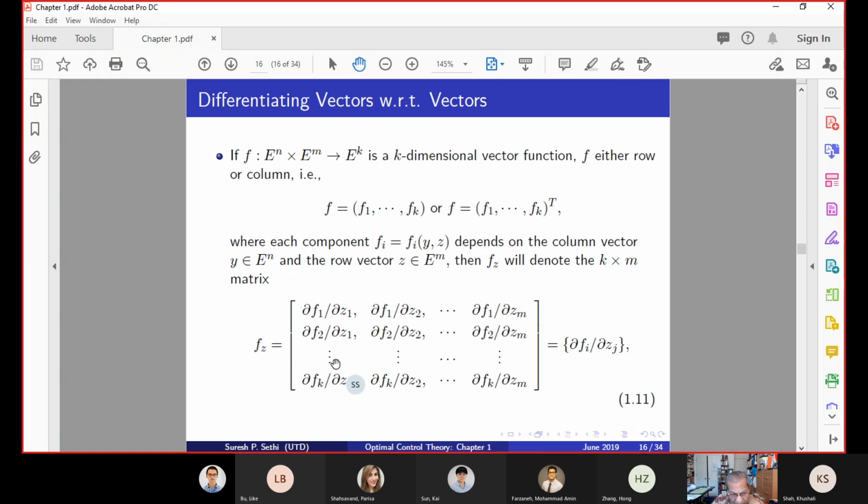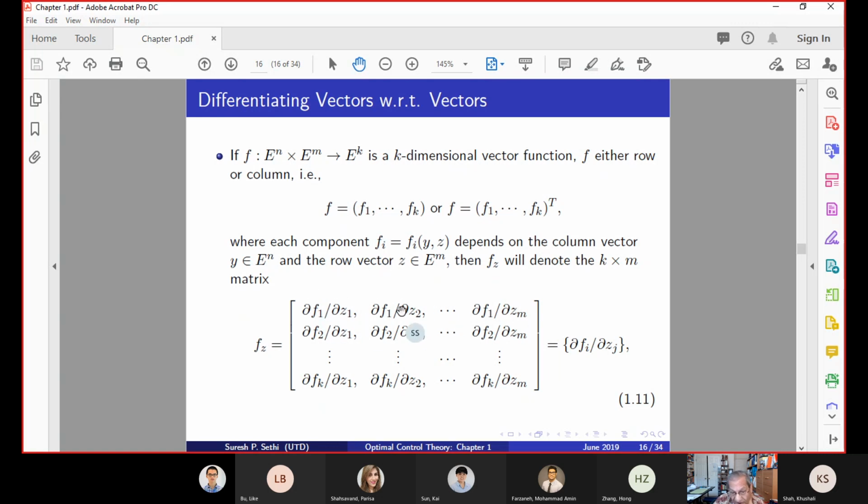So you can see what is going on now. Fz, I'm taking the derivative of f with respect to z. Z is a row vector, y is a column vector. I'm taking the derivative with respect to z. But because I take it with respect to z, for every component of f, the derivative with respect to z is a gradient. So here's that gradient. You see it's a row vector.